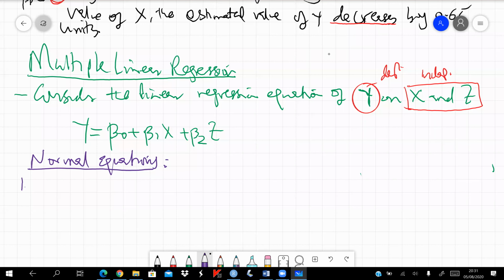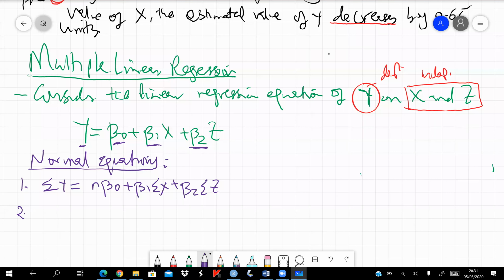So the first normal equation, you sum each term here, n times. I'm assuming my sample size is n. So this will be summation of y is equal to n beta naught plus beta 1 summation of x plus beta 2 summation of z. That's the first normal equation. Please notice that we are multiplying beta naught by n.